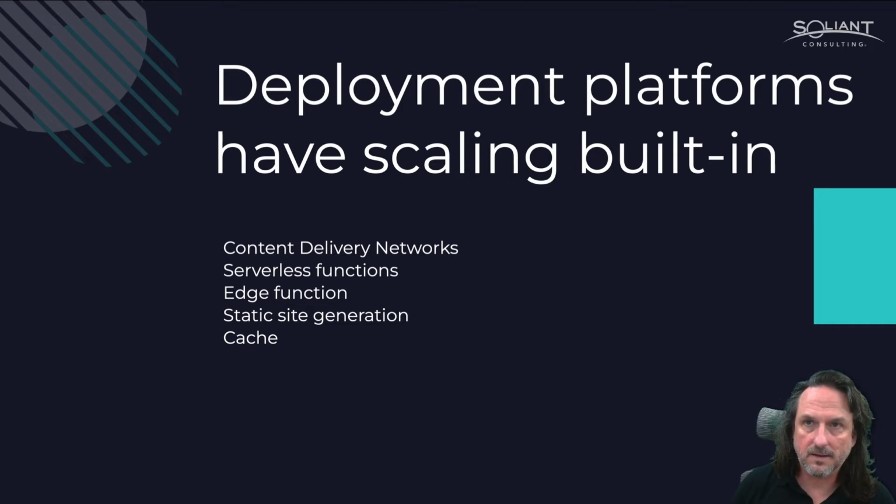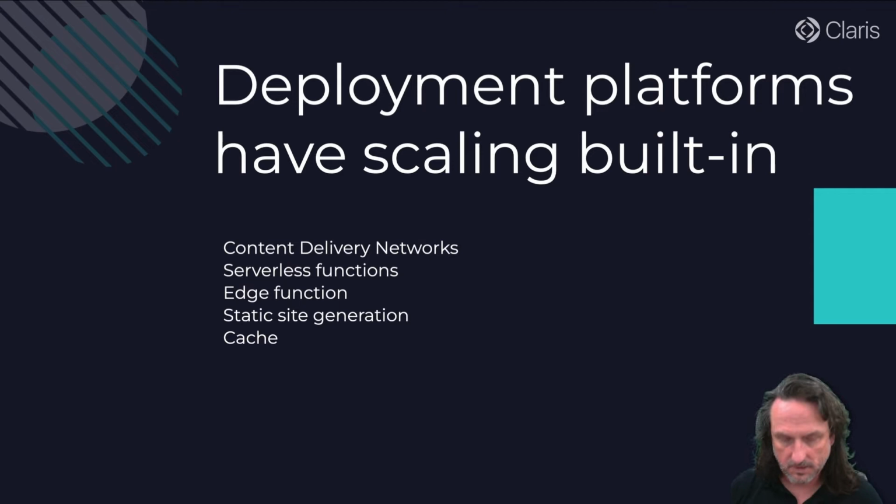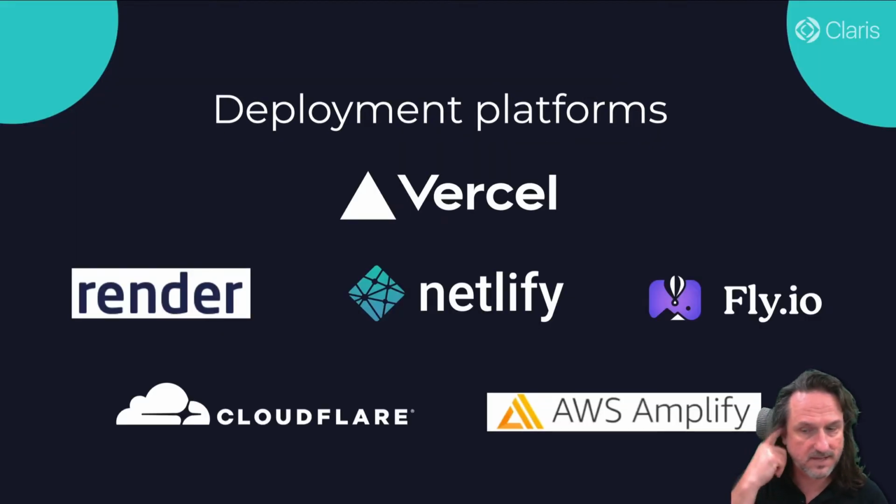If what you're deploying on doesn't handle this stuff by default, you may want to look for some new options. And so here are the ones that we see a lot, and the ones that we have some experience with. Vercel in particular is our favorite, but all of these other ones, Render, Netlify, Fly.io, Cloudflare, AWS Amplify, there's others.